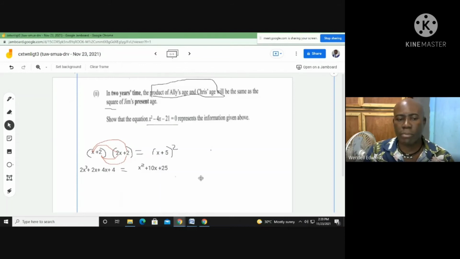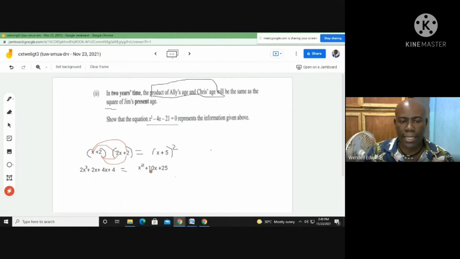All right, so if we simplify this, in short, we want to get this on that side and everything across. When everything comes across, definitely we know that the signs are going to change. So we're looking at 2x squared minus x squared. We're left with x squared.